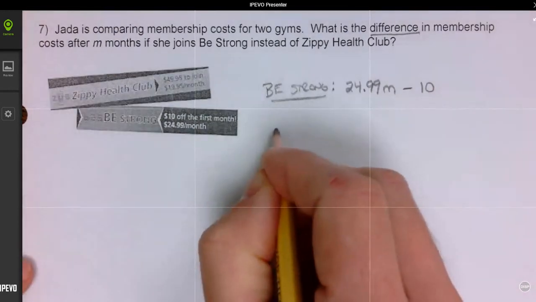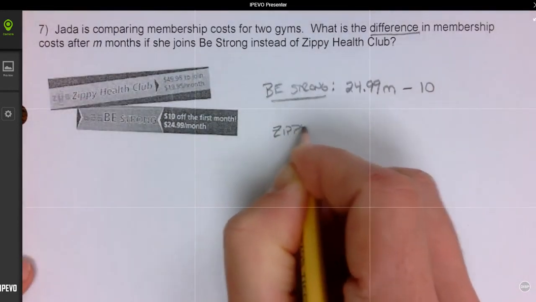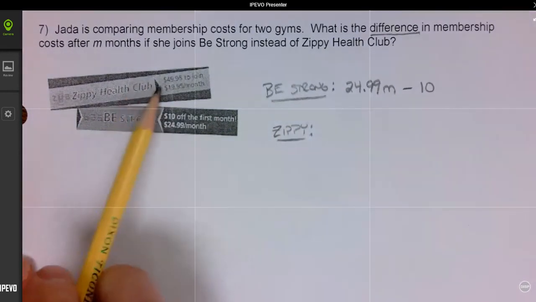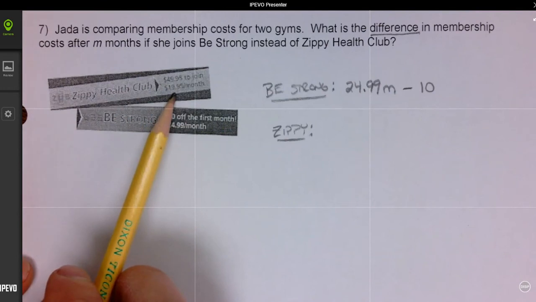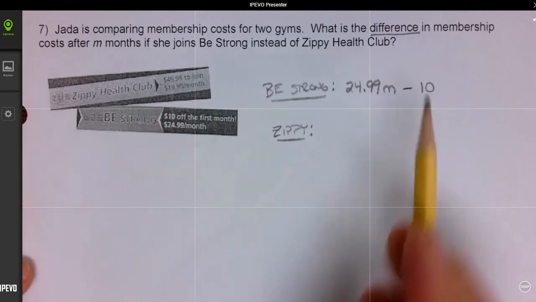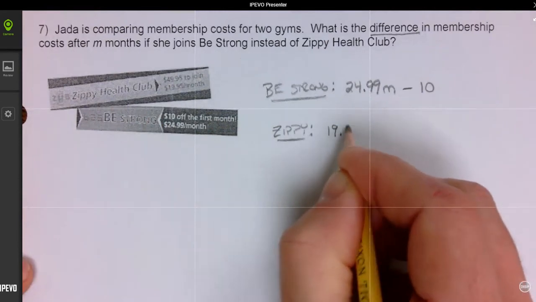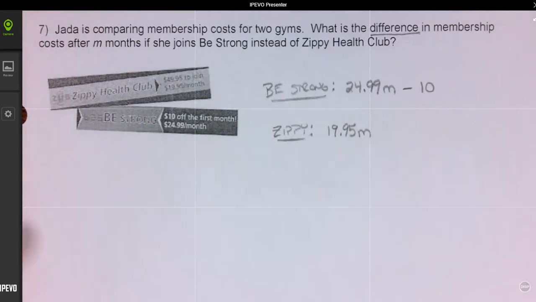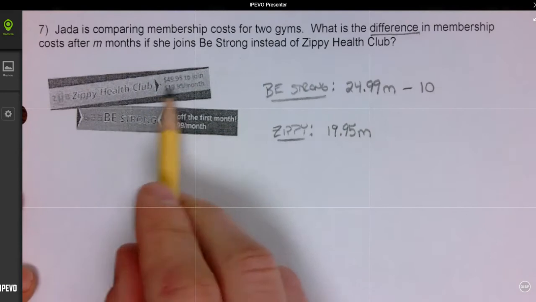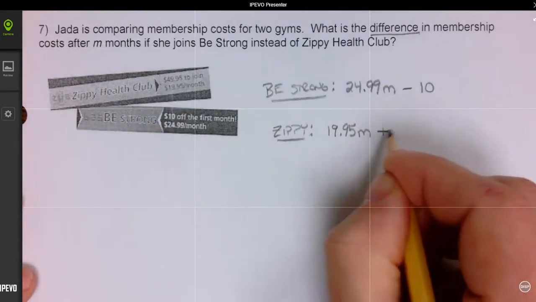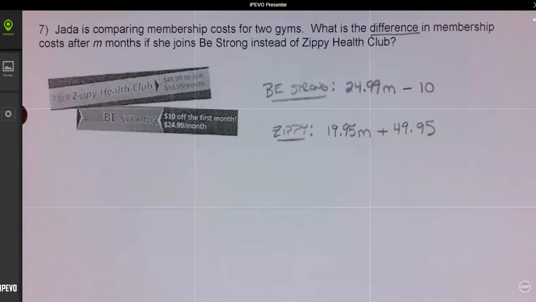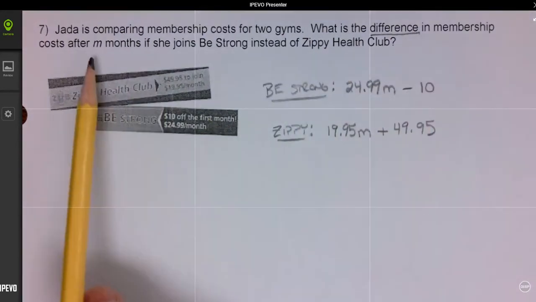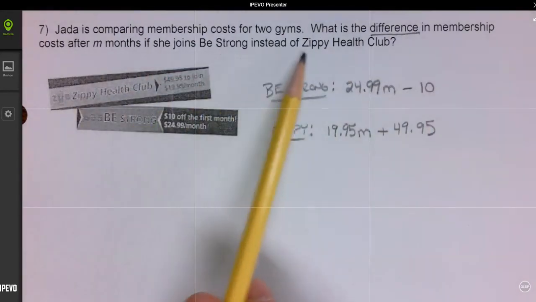All right, at Zippy Health Club, we're told here that it's $49.95 to join, and then it's $19.95 per month. So we're going to have the monthly cost, $19.95 times M, the number of months. And we had to pay an initial fee, so plus the initial fee, which was $49.95.